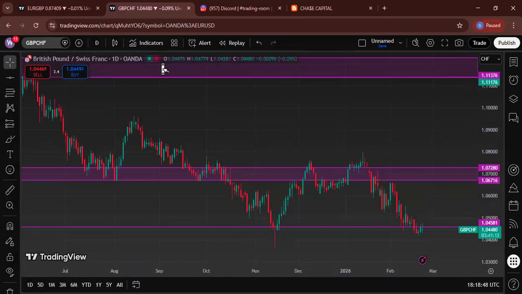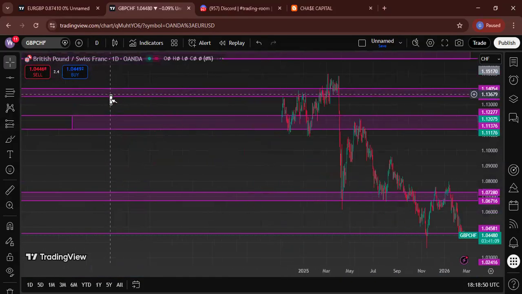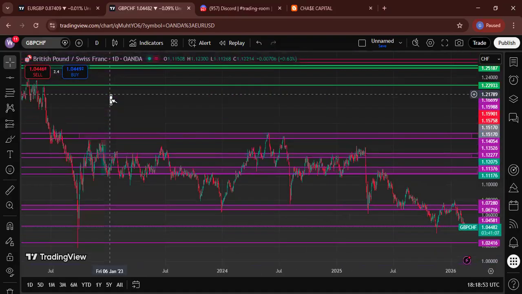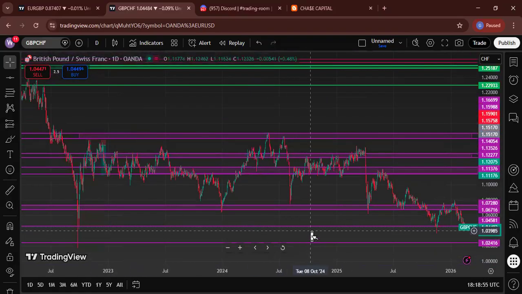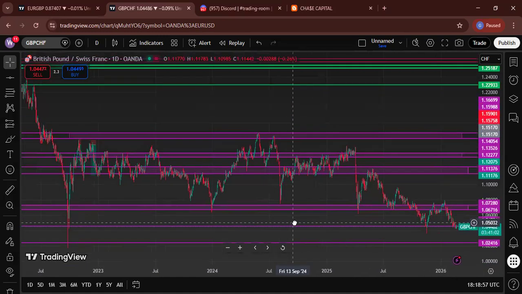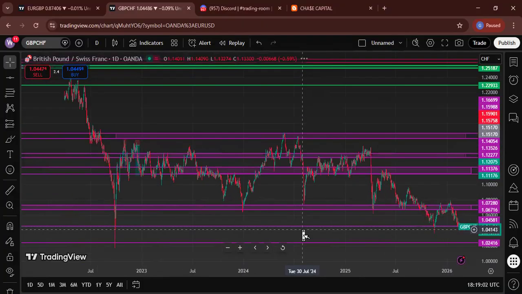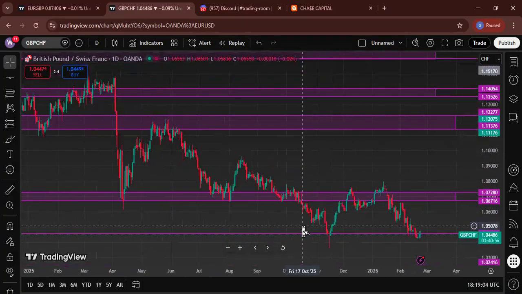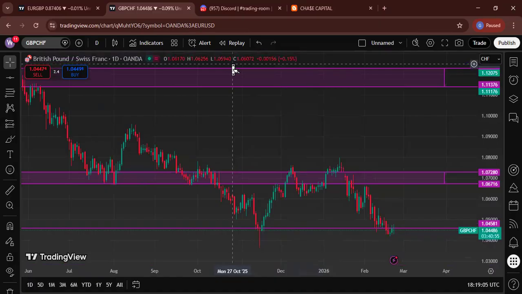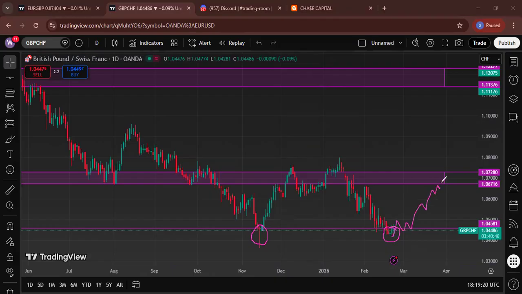How am I getting the coordinates for this demand? Yeah, this is now the zone, and it's a very wide zone. Usually with zones that are wide like this, you look at the previous low. And the previous low in this scenario is here. So price can easily have a bullish reversal from here.